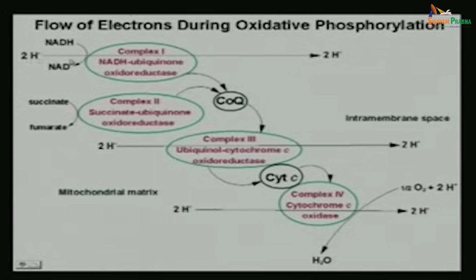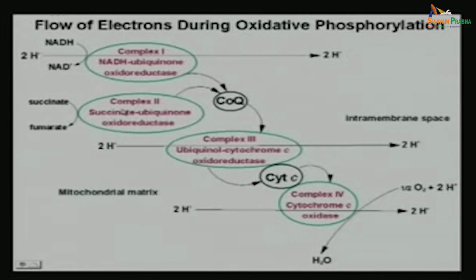During this process, you see that in complex 1 protons are being pumped out. In complex 3 also protons are pumped out, and in complex 4 protons are pumped out. We do not see any proton pumping in the case of complex 2.